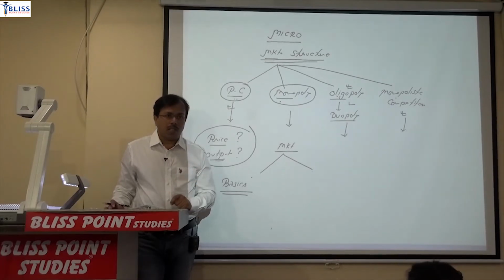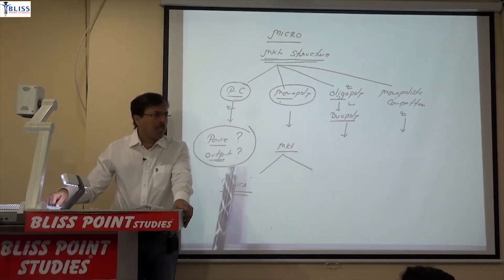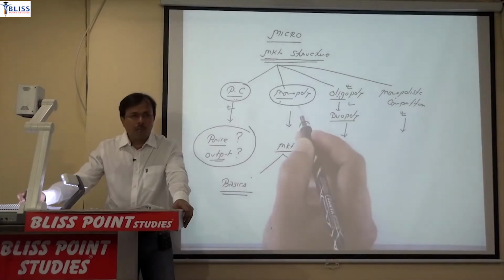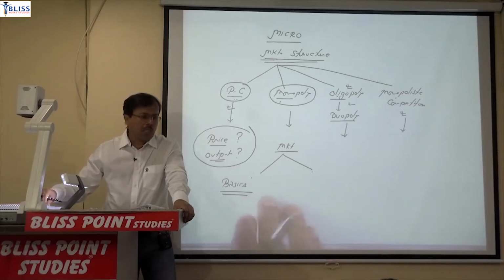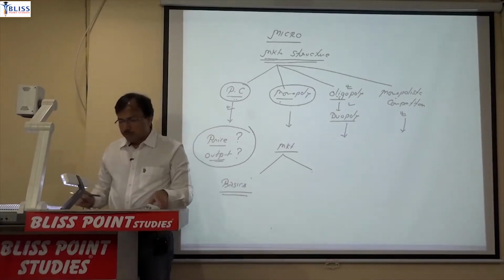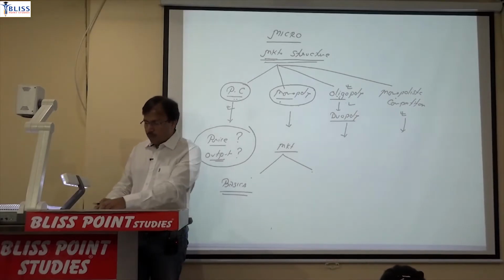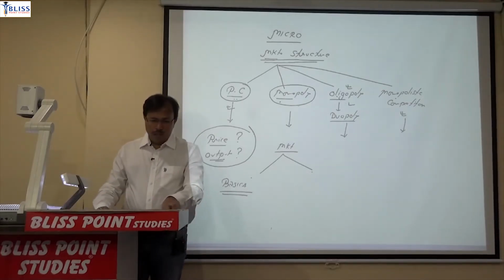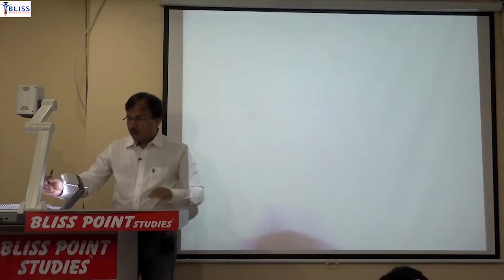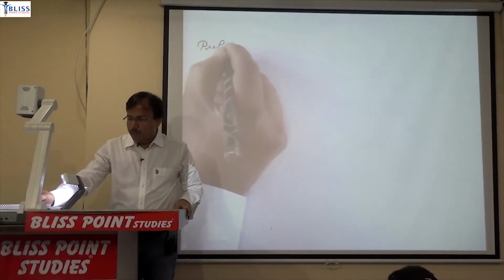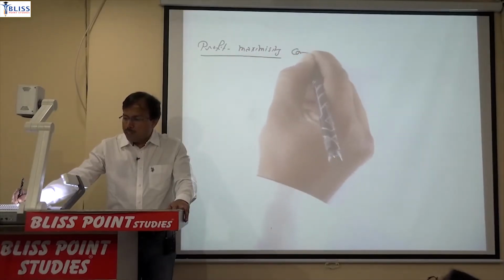Start with the profit maximizing condition, and that condition will remain the same for all forms of market. Whatever basics you study will remain the same in competition, the same in monopoly, the same concept followed in oligopoly, and the same in monopolistic. So the first heading is profit maximizing condition. We have to determine the profit maximizing condition.